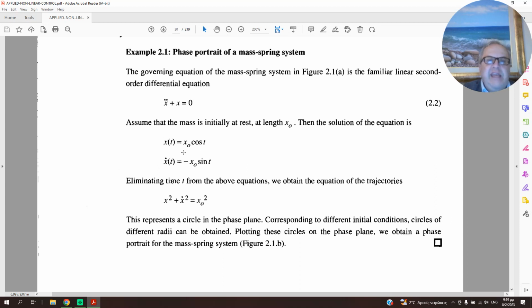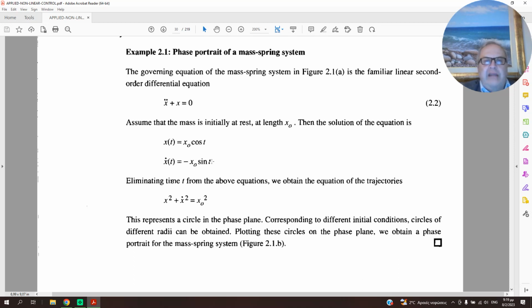So x(t) equals x0 cosine t, right? x dot, if you apply very simple algebraic manipulation, equals minus x0 sine t, because the derivative of cosine is minus sine.